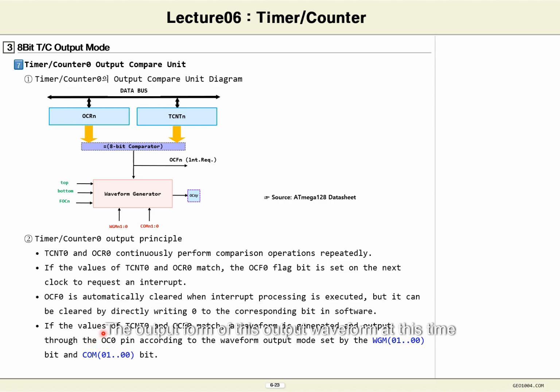The output form of this output waveform at this time is determined by the various output modes we explained previously. You should know that the bit is output according to the WGM01:00 and COM01:00 bit settings. All right. So far, we have looked at the timer counter 8-bit output mode.